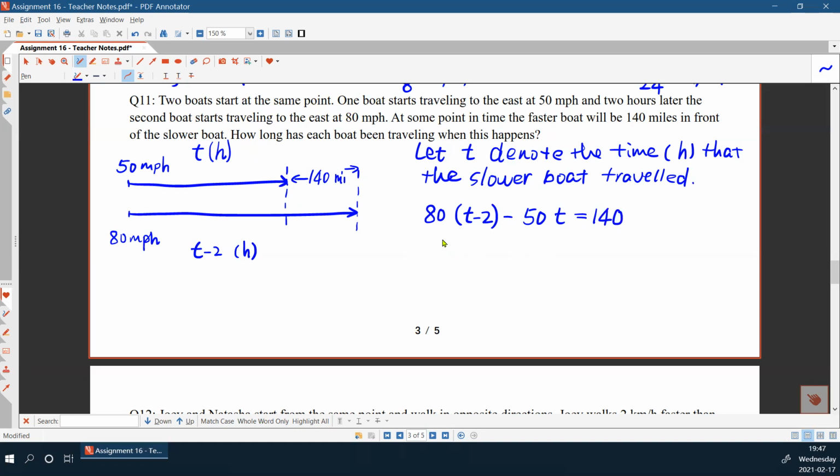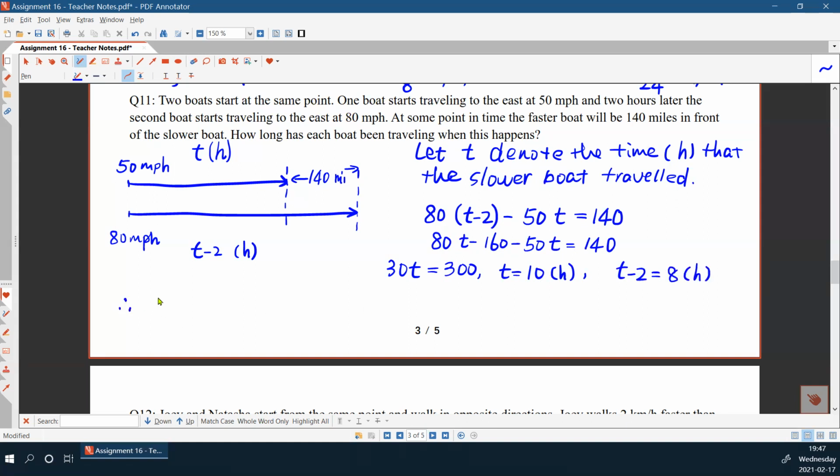Now we can solve for t. So this gives us 30t equals 300. Of course, t here is 10 hours. This is the time that the slower boat traveled, right? How about the faster boat? Faster boat traveled for t minus 2, which is 8 hours.